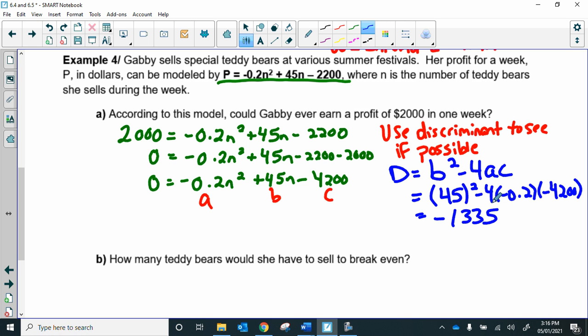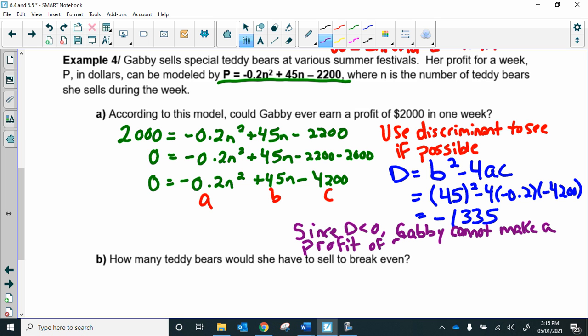So if the discriminant is less than 0, are there any solutions? No. So since the discriminant is less than 0, Gabby cannot make a profit of 2,000 in 1 week. Not possible. There is no value of n that's going to make that possible.